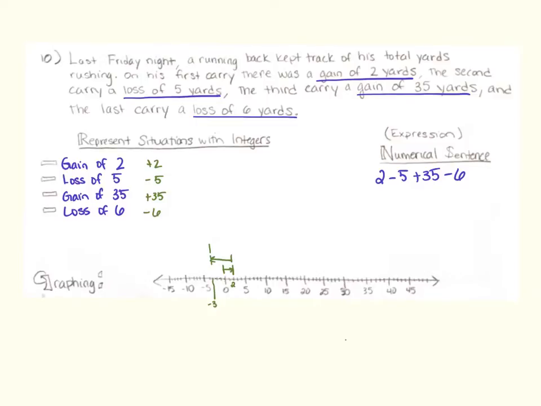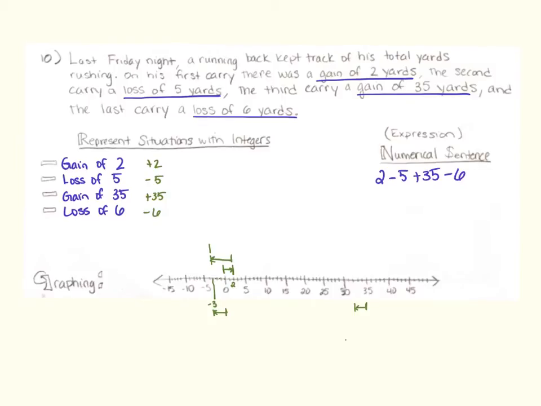Now, I'm not going to spend my time counting 35 marks, okay? If I know that I'm 3 units away from 0 to the left, then I'm going to find that 35, and I'm going to count 3 units to the left of 35, because I'm using that distance in relation to 0.